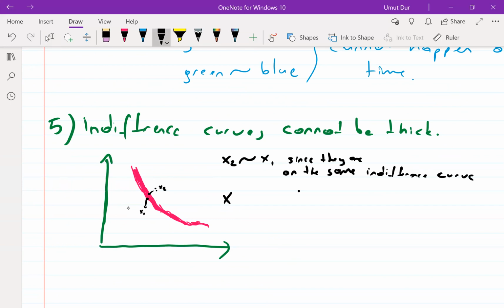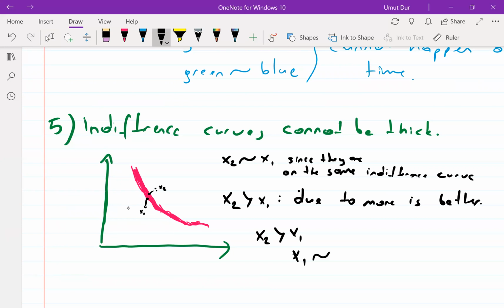But x2 is better than x1 due to more is better. These two cannot happen at the same time.